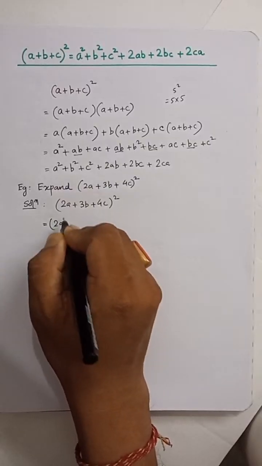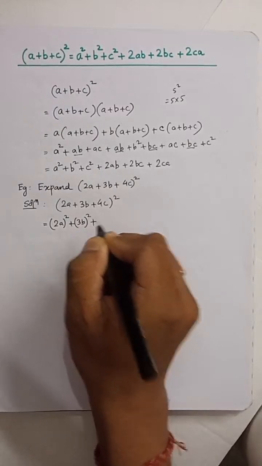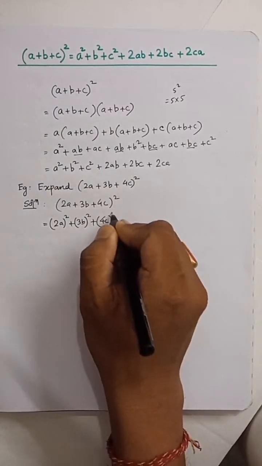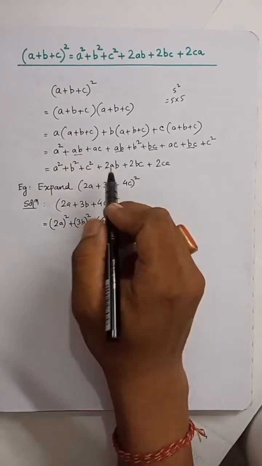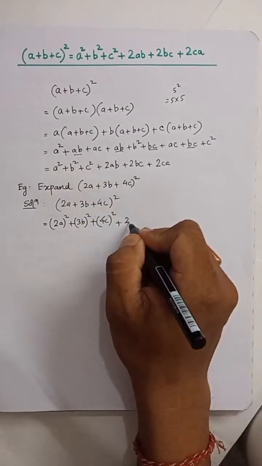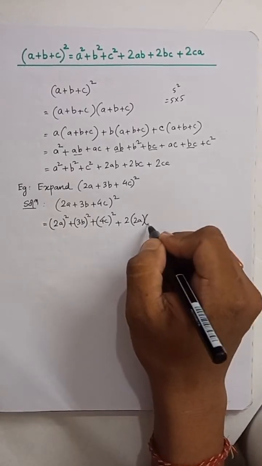2a whole square, 3b whole square plus 4c whole square. Okay, then twice ab, so we will write twice, then 2a, first term multiplied to the second term.